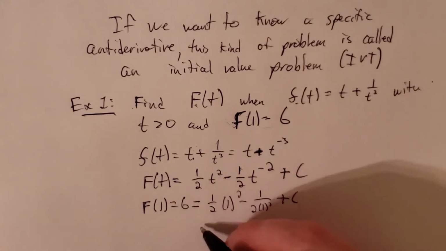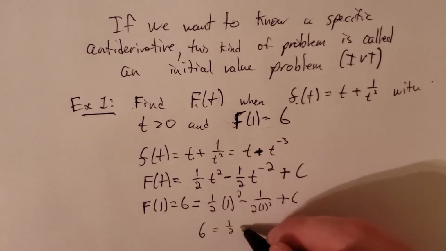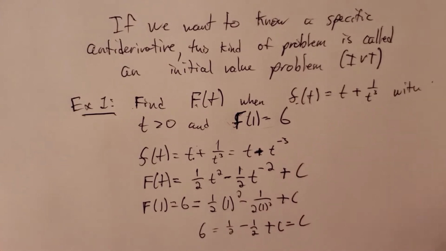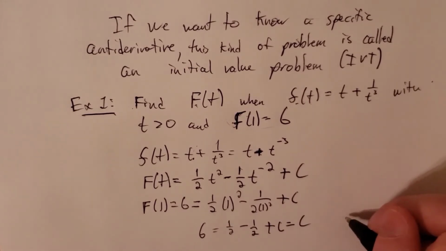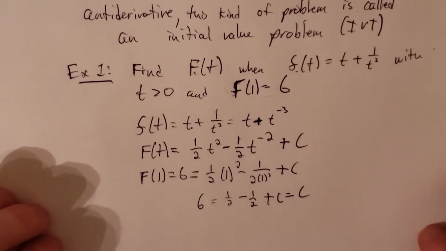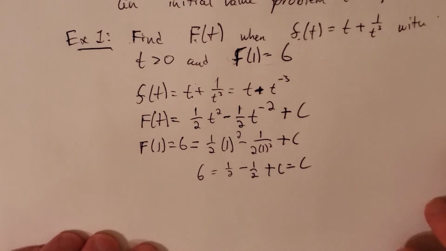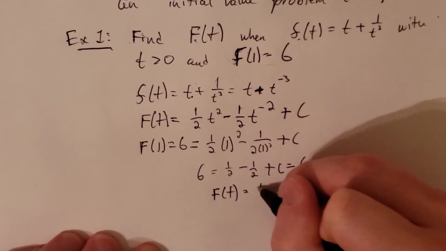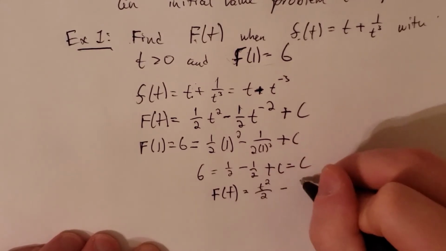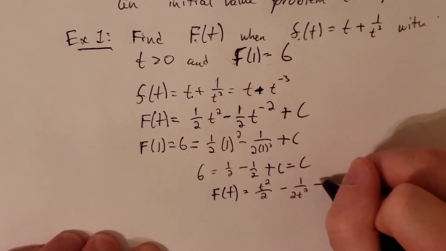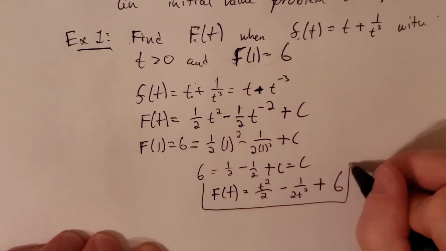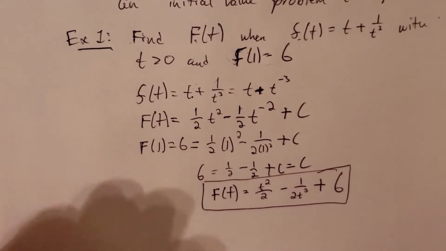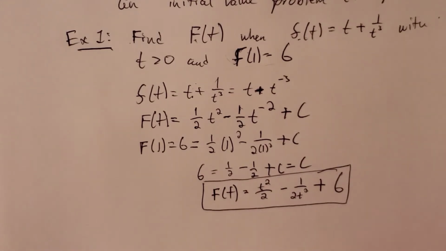Well, this tells us that 6 is equal to 1/2 minus 1/2 plus c, or in other words, c is equal to 6. So this tells us that our specific antiderivative that we want to find is F of t equal to t squared over 2 minus 1 over 2t squared plus 6. And that is our solution to this initial value problem.